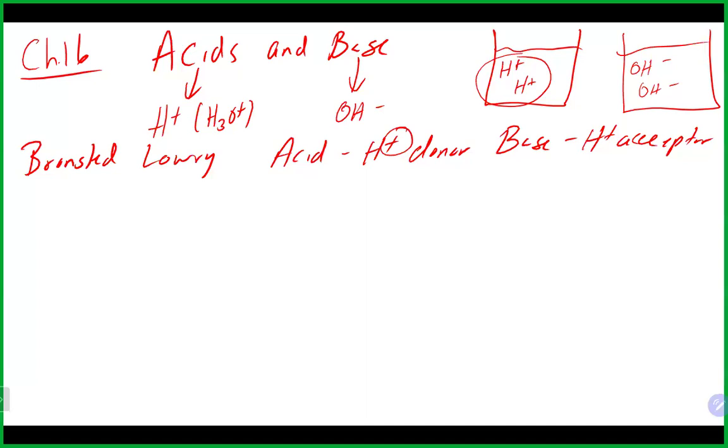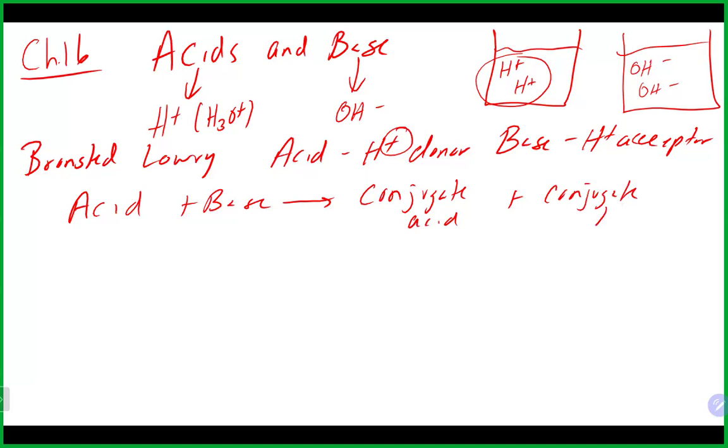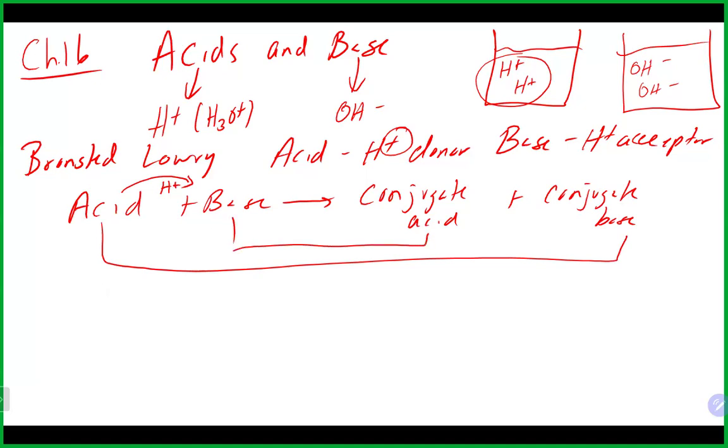So make sure you adjust the charges on everything. The consequence of Bronsted-Lowry is that we have an acid and base on the left-hand side of an equation, and they form partners on the other side, the conjugate acid and conjugate base. Our acid is donating the H+ over. So the acid on one side is related to the conjugate base on the other, and the base on one side is related to the conjugate acid on the other side.